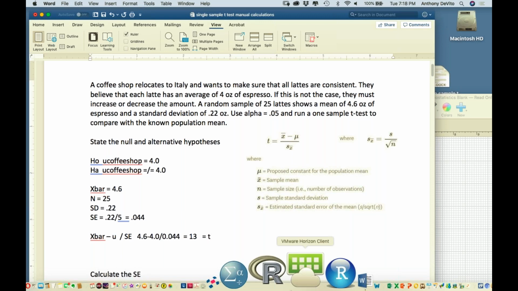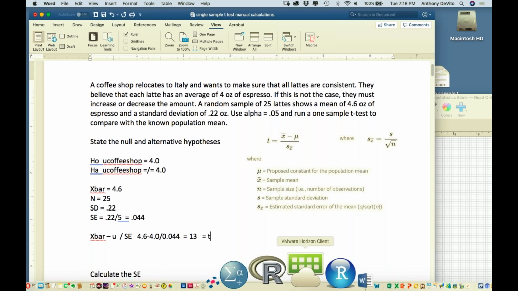Okay, so now I got to say to myself, gee, that's very interesting. You'll see the formula up there too. T is equal to X bar minus mu over the standard error, and the formula for standard error is on the other side of it there. 13, that's a big number for a t-score. 13 standard deviations, that's ridiculous, right? That's an enormous difference because it was 4.6 compared to 4.0. So that is vanishingly unlikely to occur.